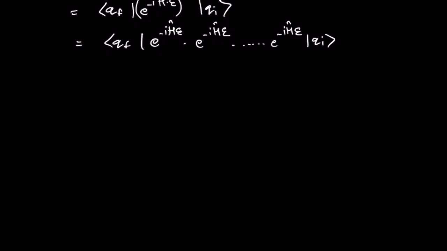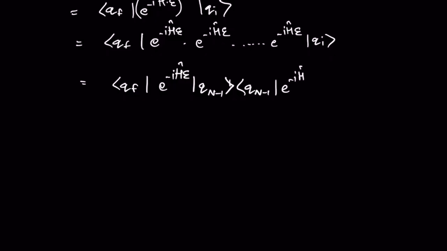We're going to take advantage of a very useful quantum mechanics property, and that's completeness of states. We insert a position state between each of these operators, starting from q_(n-1) and going all the way down to q1, sandwiched between ⟨q1| and |qi⟩.